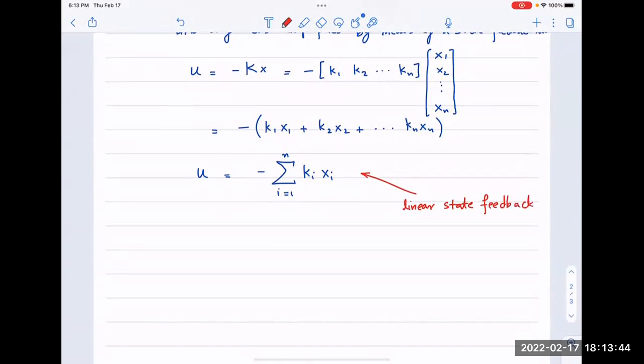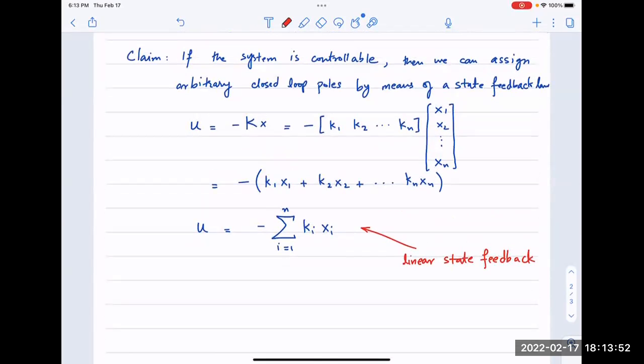We started off with a linear system because it's simple to analyze and work with. And now when it comes to designing a feedback controller, again, we use a linear state feedback, which is compatible with the type of system we are dealing with.